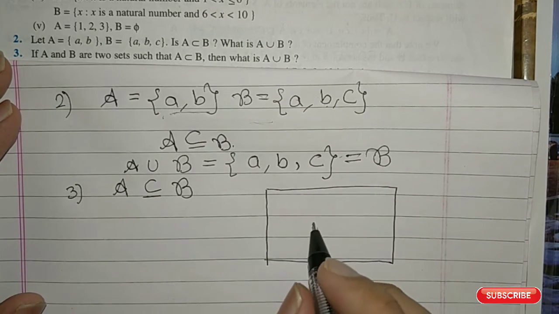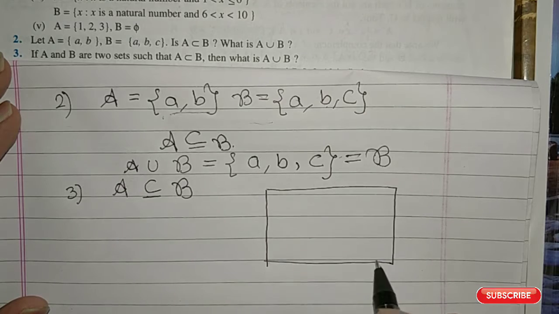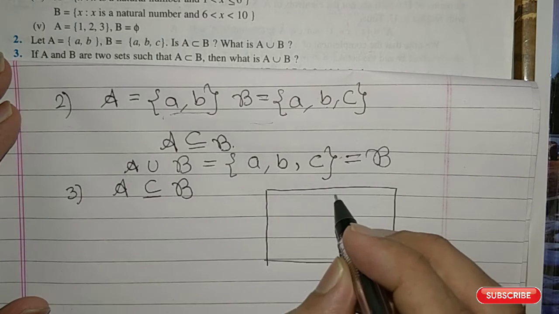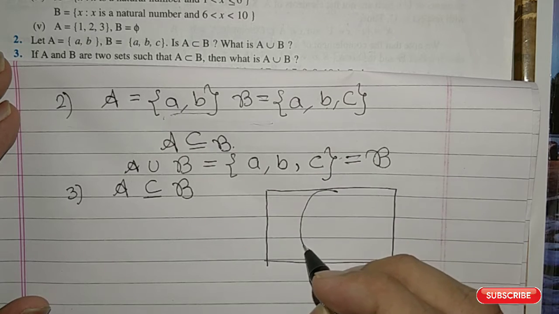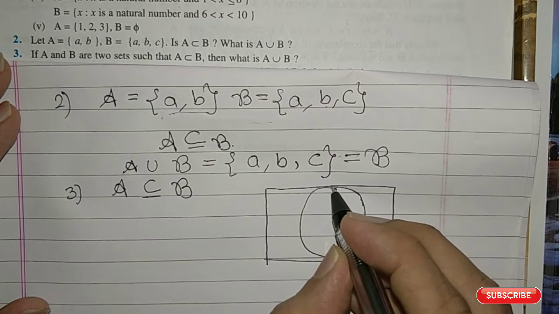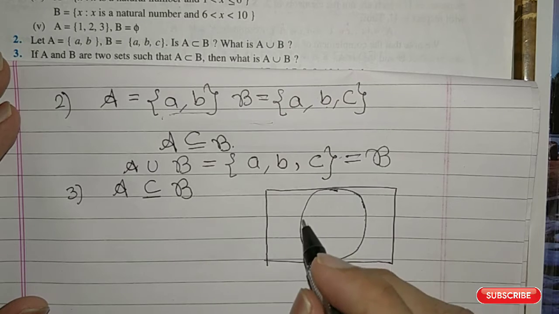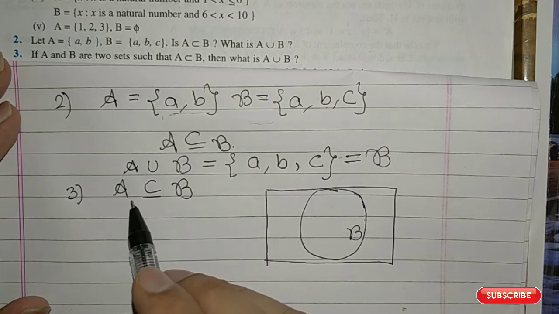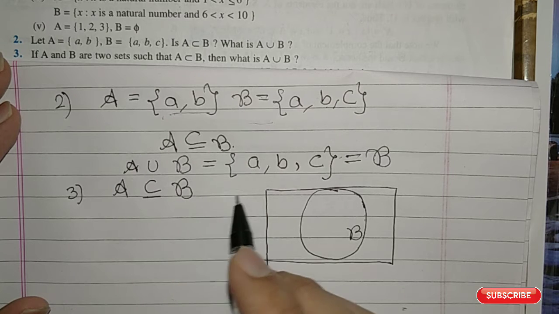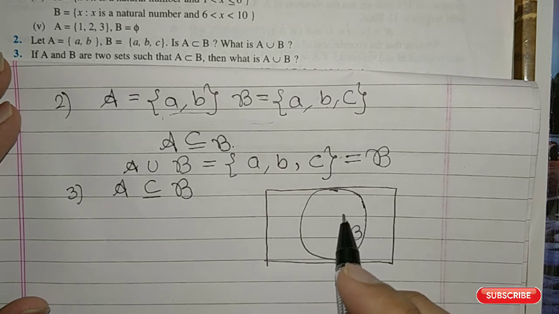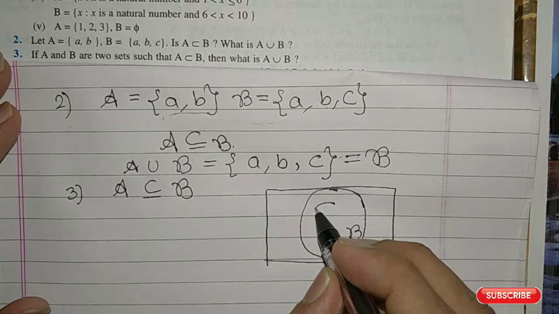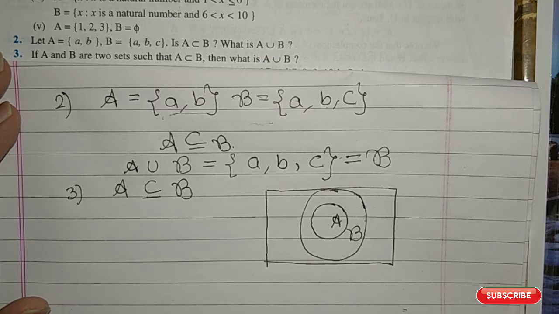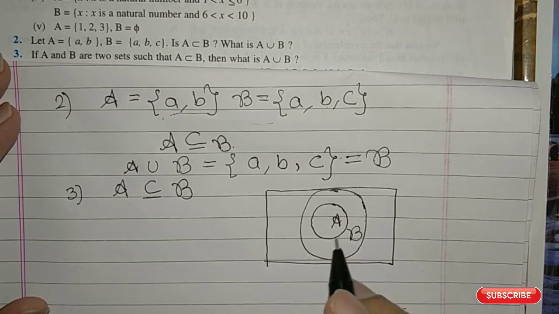You know that in the Venn diagram, this is the universal set. Now since A is a subset of B, you have to draw two sets. This set here is the set B. It is given that A is a subset of B, so A is the smaller set inside the set B. So this is the Venn diagram.